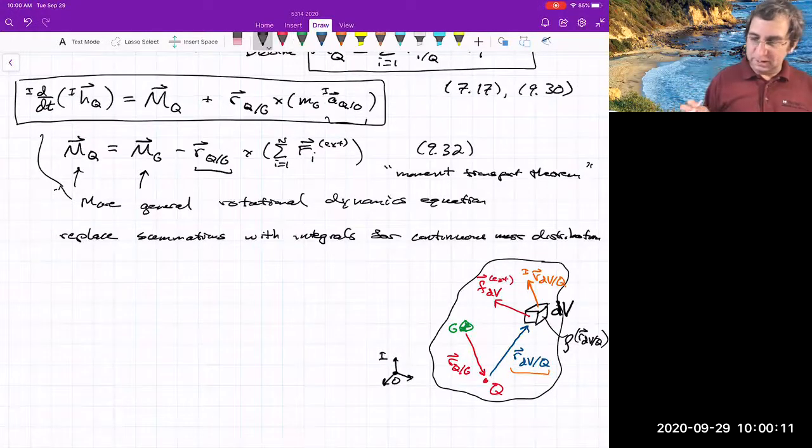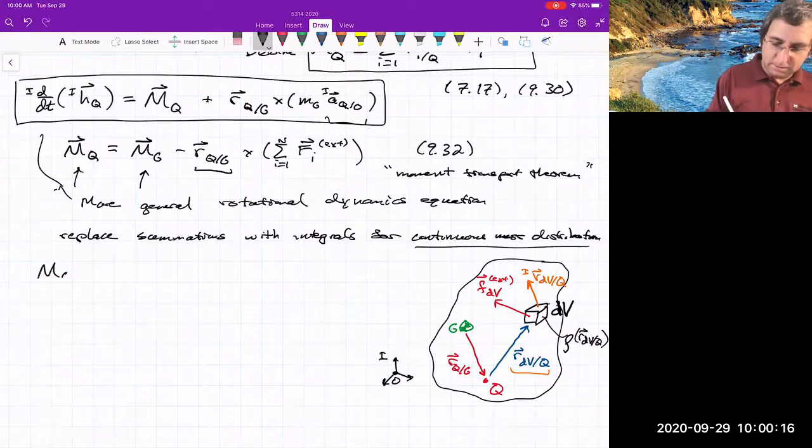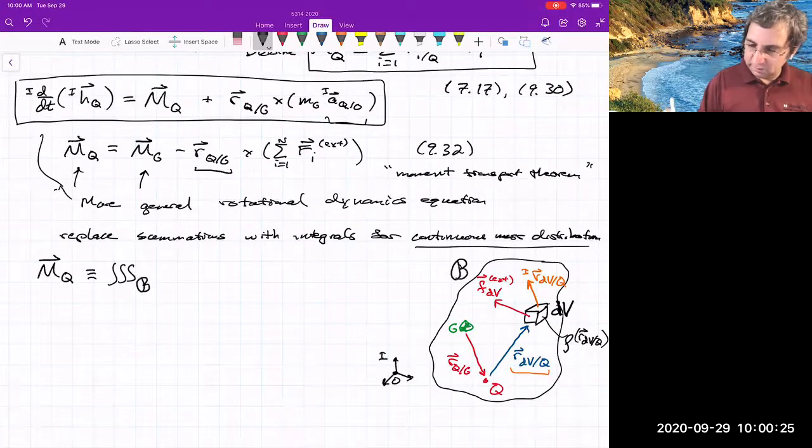And how does all this come into play? For a continuous mass distribution, M Q, the total moment, is defined to be an integral over the body. So if I didn't write it over here, fancy B tells us we've got the body.